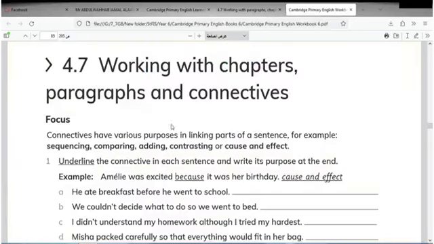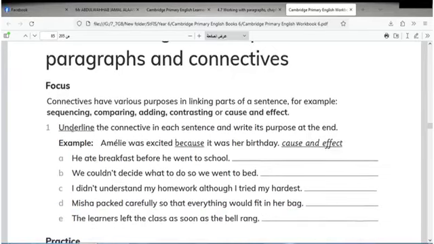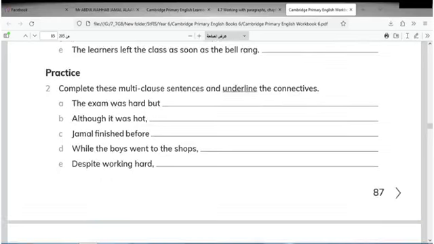The activity or the homework is 4.7, working with chapters, paragraphs, and connectives. That's in your workbook. You have to underline the paragraphs and say what's the purpose of them. And then we have to complete these sentences on our own, putting a logical clause.